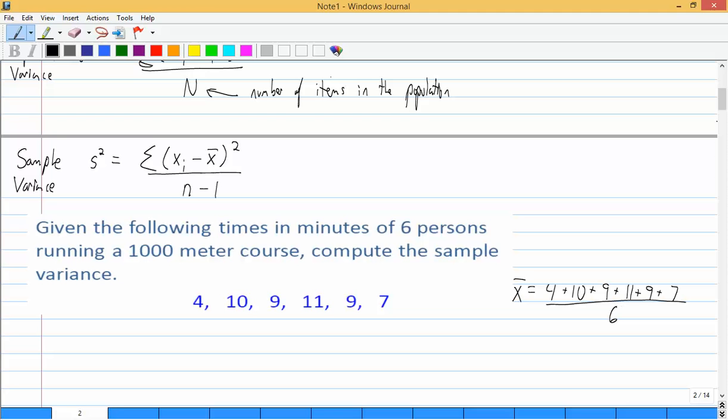Alright, I'm going to do that in my calculator. Alright, and so I got 8.3 repeating, 8 1/3. I'm just going to round that here to 8.333.